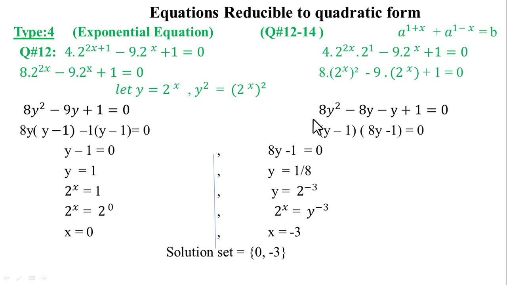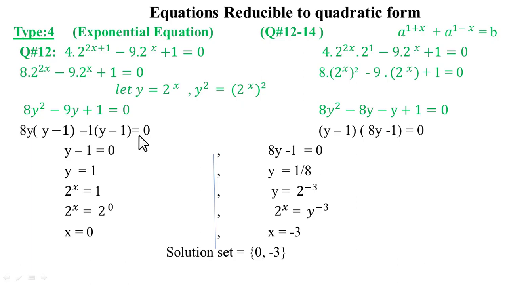So after midterm breaking: 8y square minus 8y minus y plus 1 is equal to 0. Now taking common from the first two terms, 8y, and from the second two terms, minus 1. After common, 8y into y minus 1 and minus 1 into y minus 1 is equal to 0.